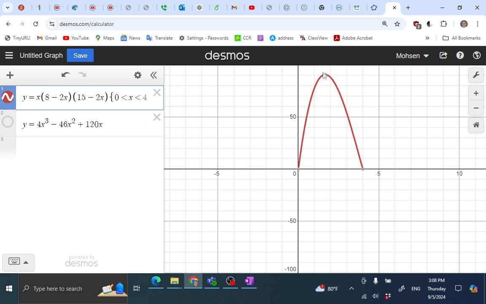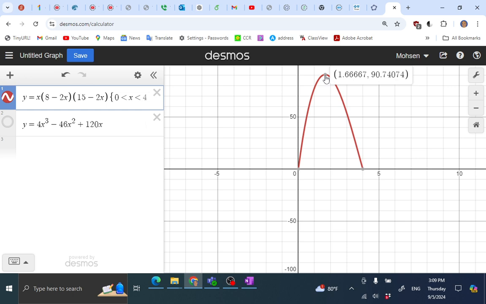On my screen you see that number 1.666, etc. That's your x coordinate. Your y coordinate is 90.74, etc. So the best x that you can have is 1.666, etc., and then y comes out of that.